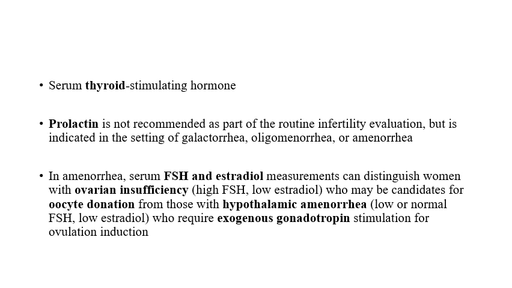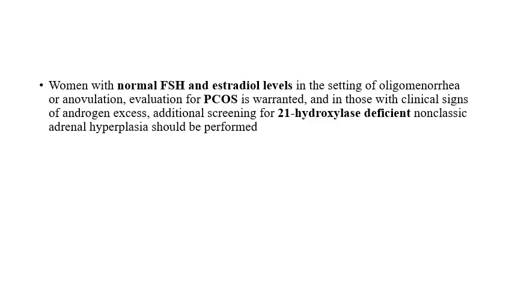If both FSH and estradiol are normal, then this is the most common cause of anovulation, WHO type 2 anovulation, which is PCOS. In these patients we need to do tests for PCOS, and if the patient has clinical signs of androgen excess, we need to do an additional test for 21 hydroxylase deficiency to identify non-classical adrenal hyperplasia.